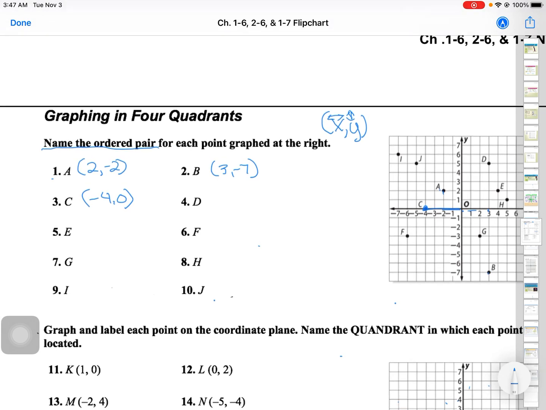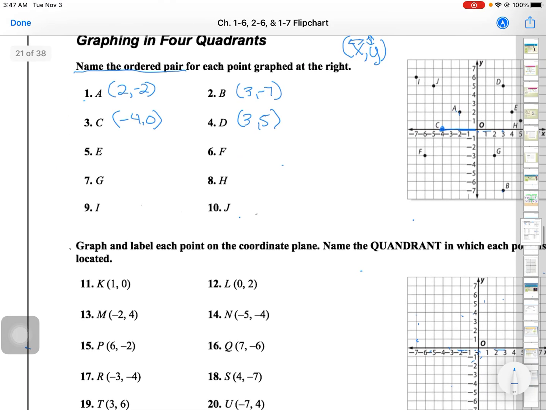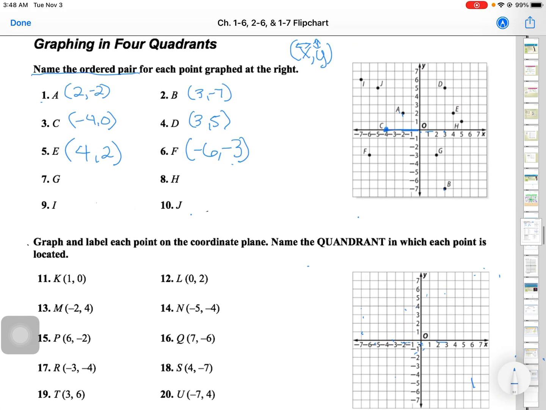For number 4, D, over 3, up 5. Yep. E is (4, 2). And F, I had to go over -6 and then down -3. G, over 2, down -3.